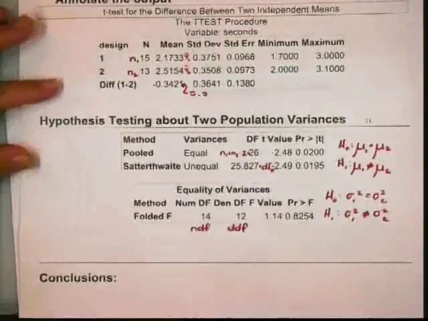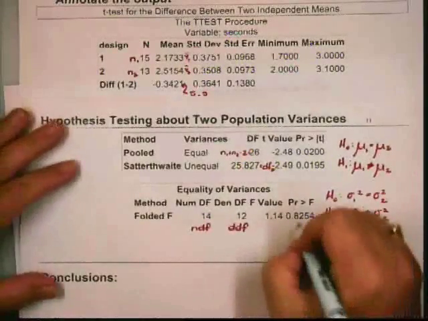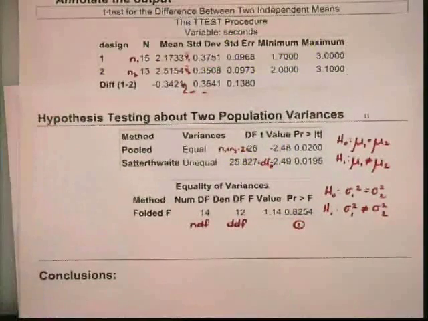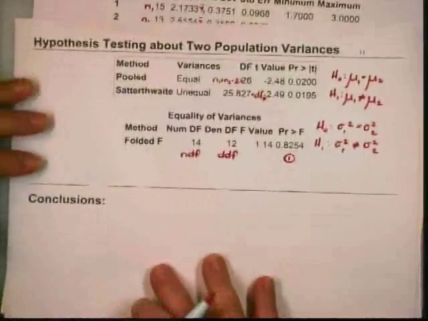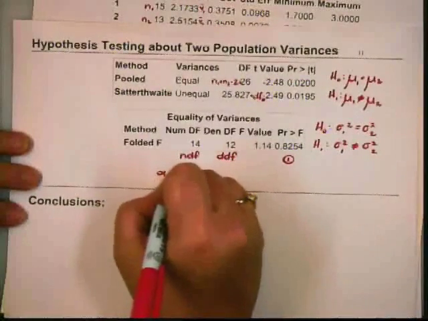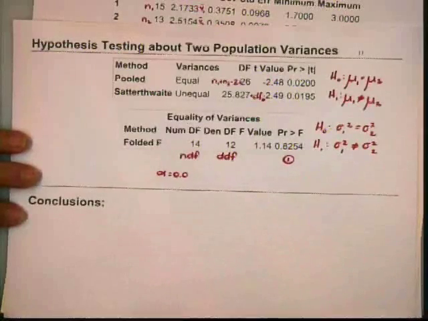All right, so now in practice, you first read this test to write your conclusion. So when we write our conclusions, and I think last time we wrote everything at, were we at 0.01 or 0.05?